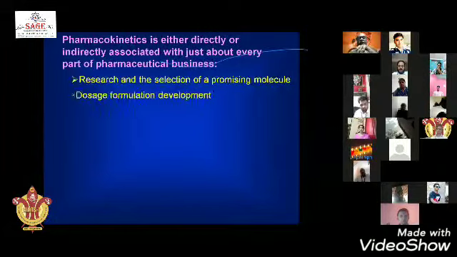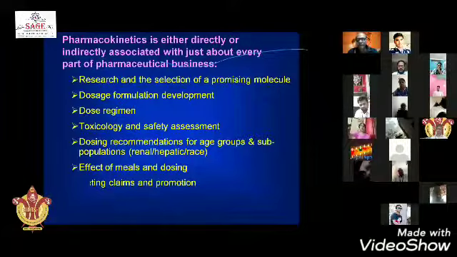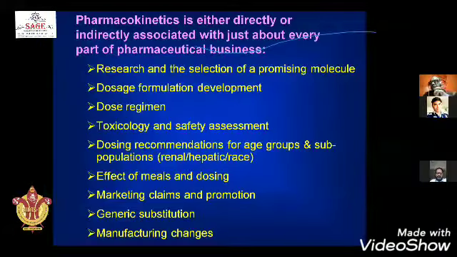So pharmacokinetics, as I told you, is the kinetics of absorption, distribution, metabolism, and elimination. Pharmacokinetics is either directly or indirectly associated with just about every part of the pharmaceutical business. Why? Say, in the research for getting suitable molecules for the treatment of a particular ailment, knowing about pharmacokinetics is very important.